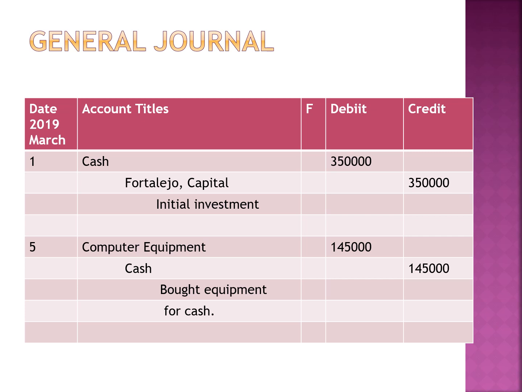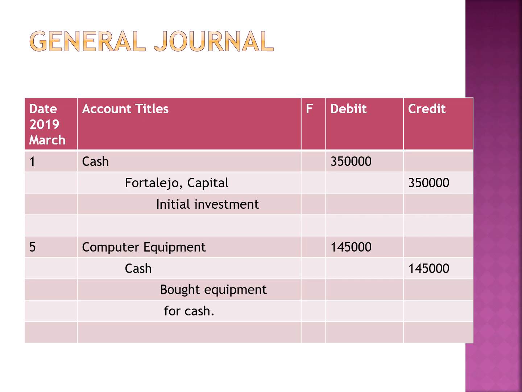The entries we provided on the previous slides were written here on our books of accounts in proper format. So we place the date on the date column, then the account titles, debit cash, credit Fortalejo, Capital, and of course, we have to provide a brief description of the transaction.